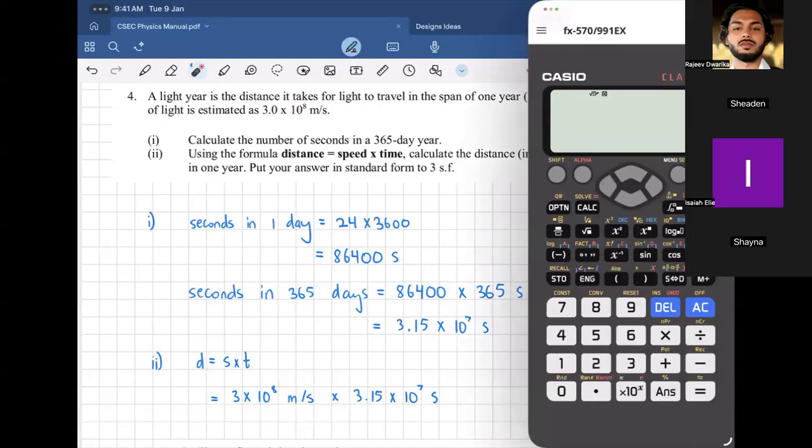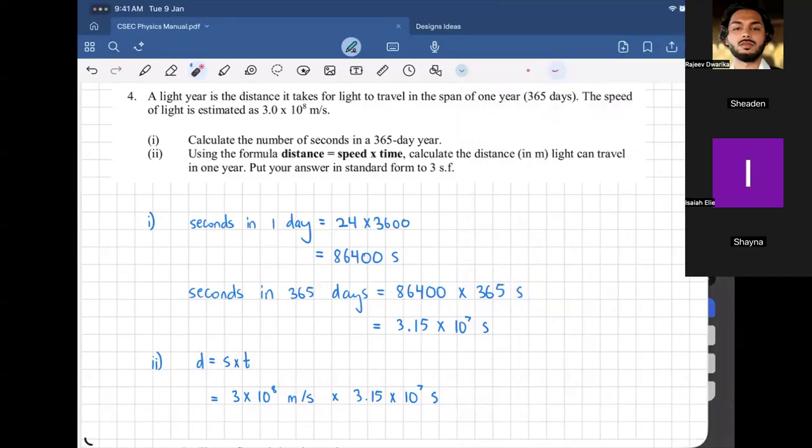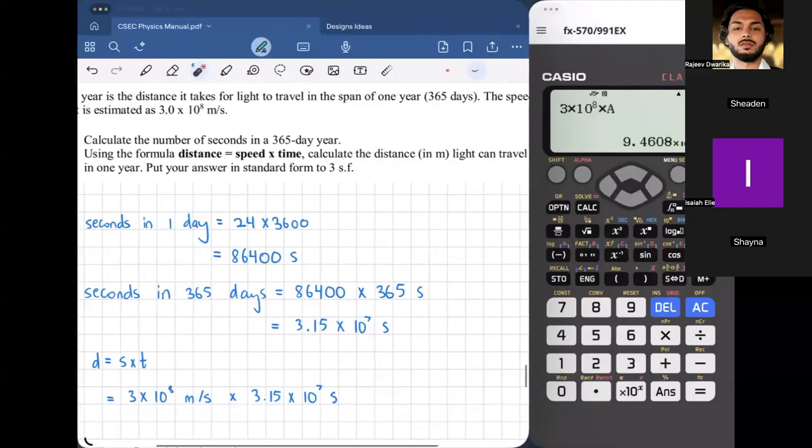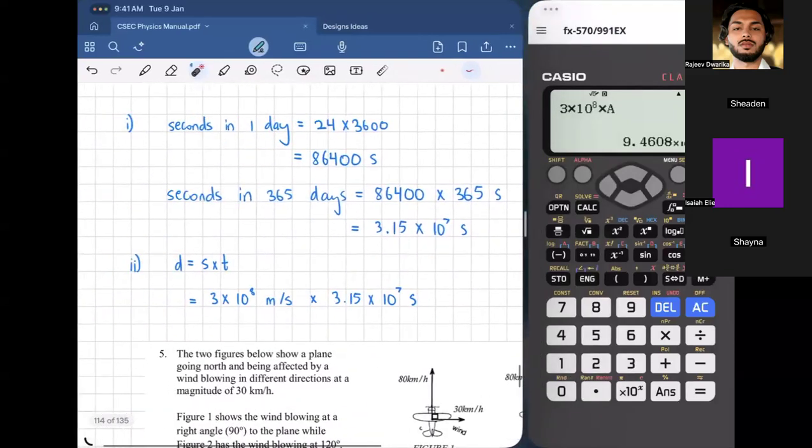Right. So let's multiply. 3 by 10 to the power 8 multiplied by the original answer equals 9.4608 by 10 to the power 15. Shayna, just round it to three significant figures for me.